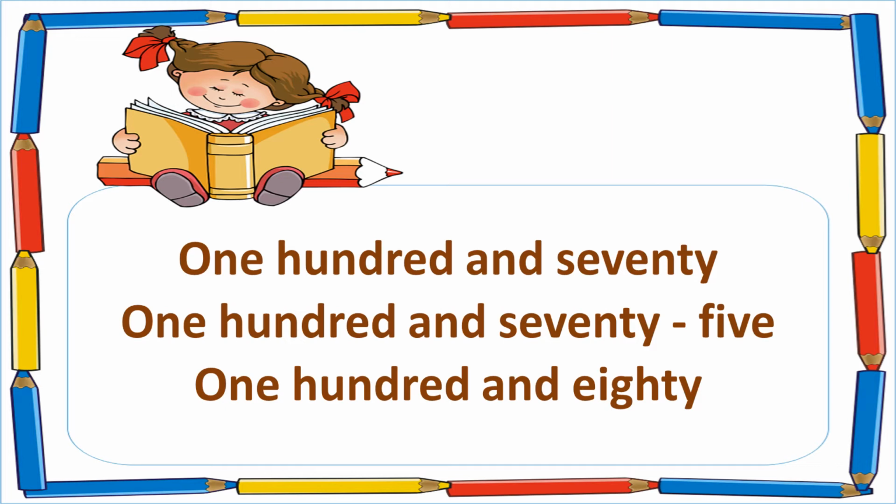170. Okay, so let's spell together 175. 1, 2, 3, go. O, N, E, H, U, N, D, R, E, D, A, N, D, S, E, V, E, N, T, Y hyphen F, I, V, E. When you read this word, 175.